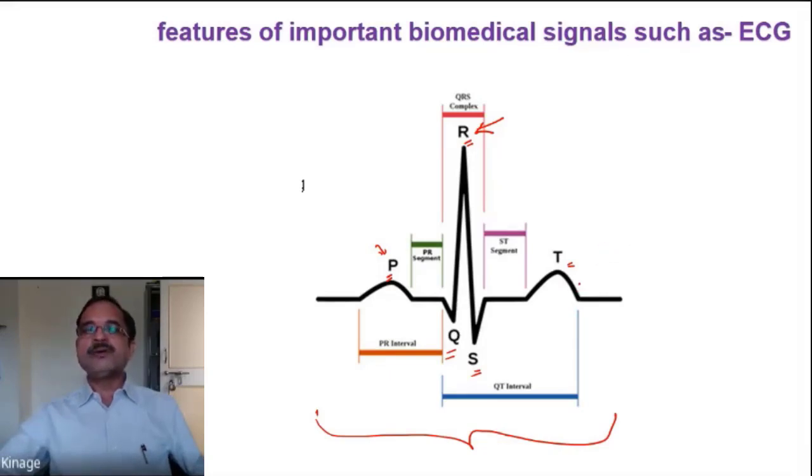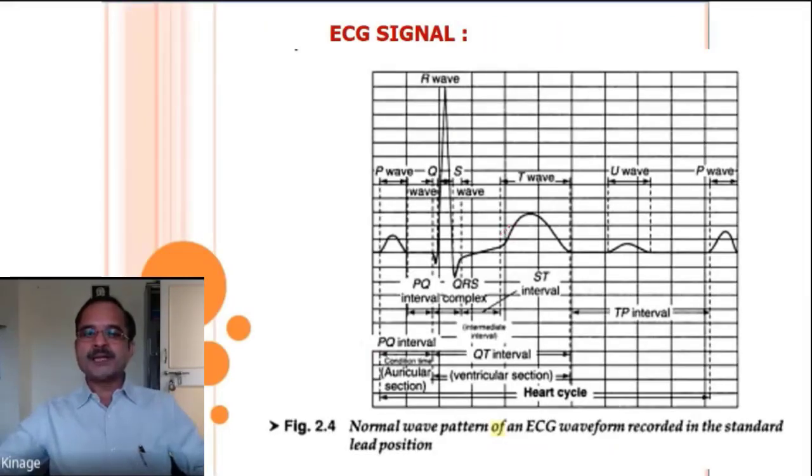Right now, just to give you an idea, the ECG signal looks like this, and it is divided into 5 parts: P, Q, R, S, T. This is the actual plot of the ECG signal, a typical waveform.